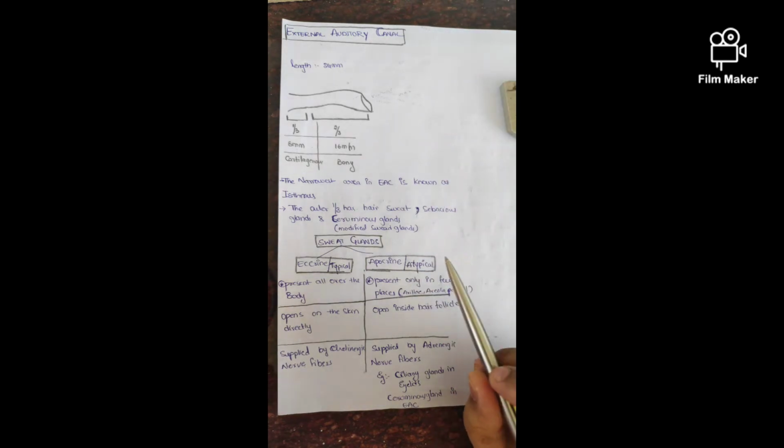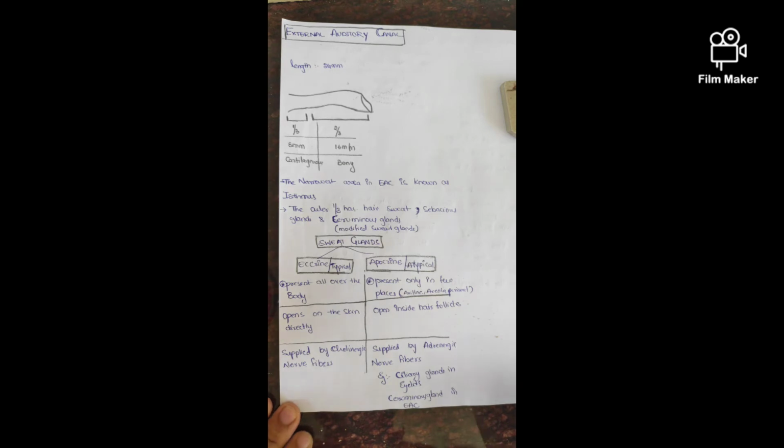Now we can say sweat glands are of two types, eccrine and apocrine. Eccrine glands are present all over the body, whereas apocrine glands are present only in a few places like the axilla, pelvic region, areola and perianal region. Eccrine glands open on the skin directly, whereas apocrine glands open inside the hair follicles.